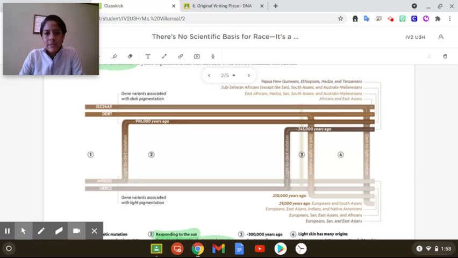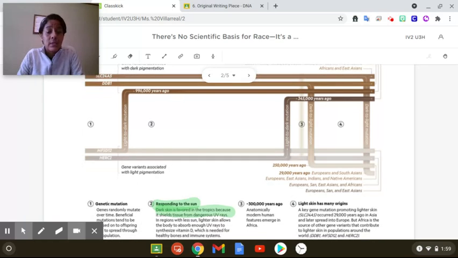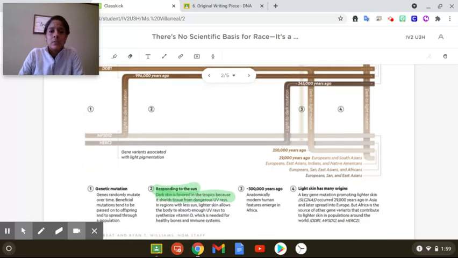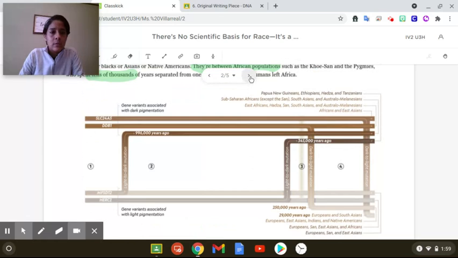But as people moved out of Africa and migrated to different parts of the world, they developed a mutation in their DNA that led to lighter pigmented skin, which was advantageous because they lived in areas that received less UV radiation from the sun, so they did not need to produce that dark pigmentation any longer. It's one example of how genes, through mutations, can evolve to produce different traits among individuals in a population.